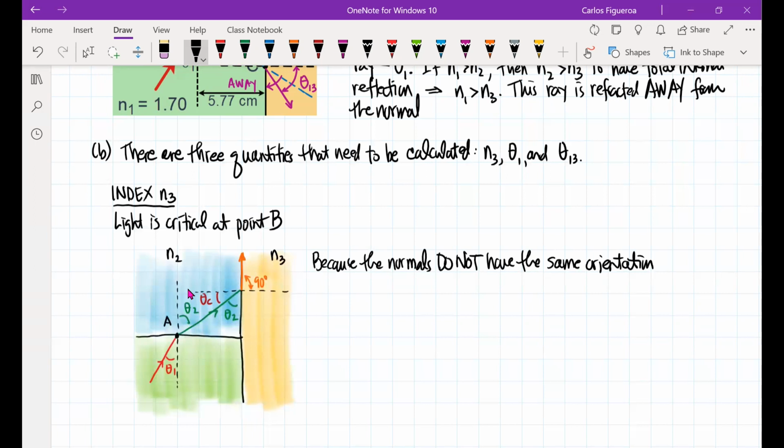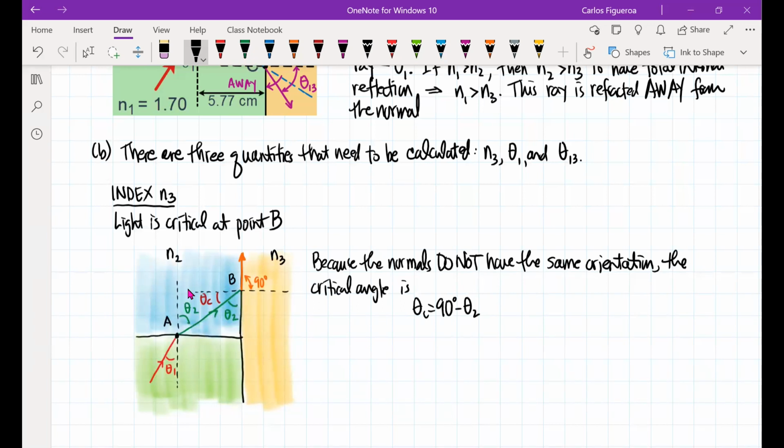If you look at the one at point A, look what happens here. At point A, it's vertical, but at point B, it's horizontal. So you're going to introduce a 90-degree change. So what you're seeing here, the critical angle is theta critical, which is 90 minus theta 2 here, right? Just using the angle relationship.